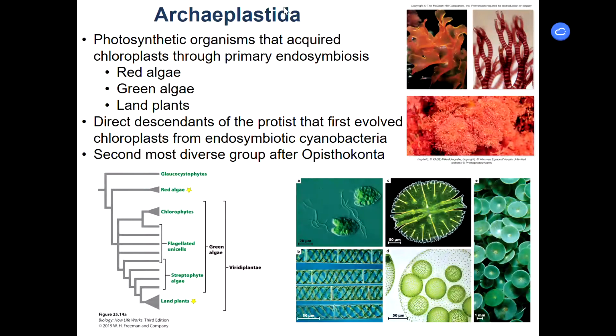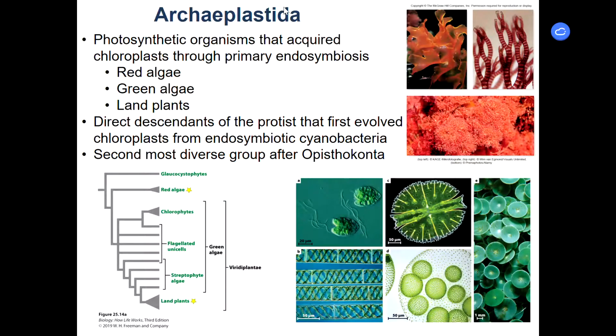So they were the first group of eukaryotes to have endosymbiosis with chloroplasts. They are the second most diverse group of eukaryotes after the opisthokonts.